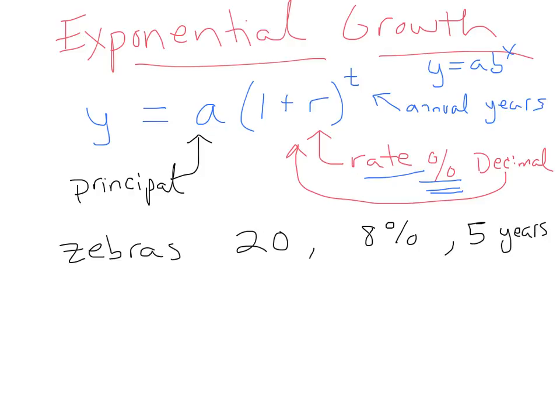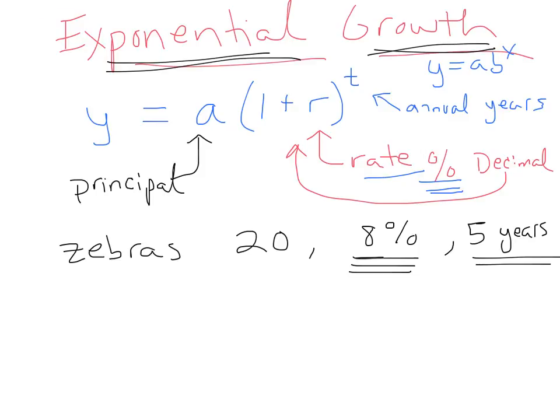Let's go to the formula. Because you can see here, this is saying we're growing at 8%, so we know it's an exponential growth problem. And we've got 5 years at 8%, and we started with 20. So very self-explanatory. 20 goes in for where we started, or the principal amount. 1 plus 8% as a decimal taken to the 5th power.